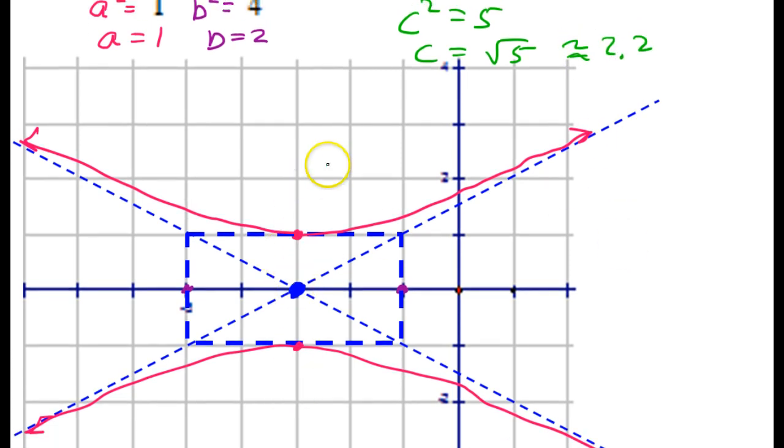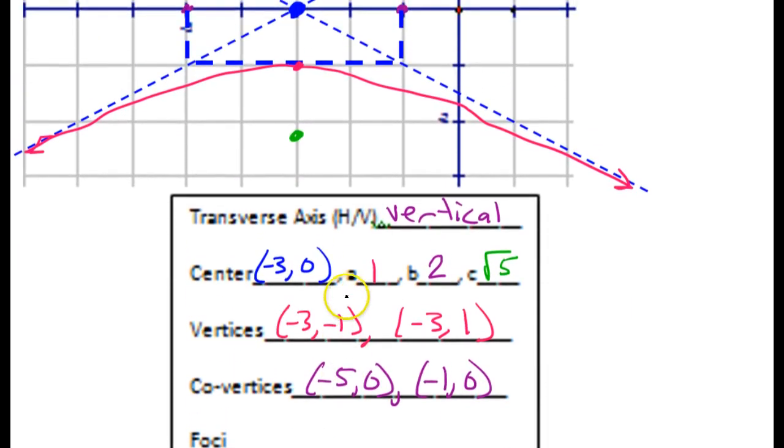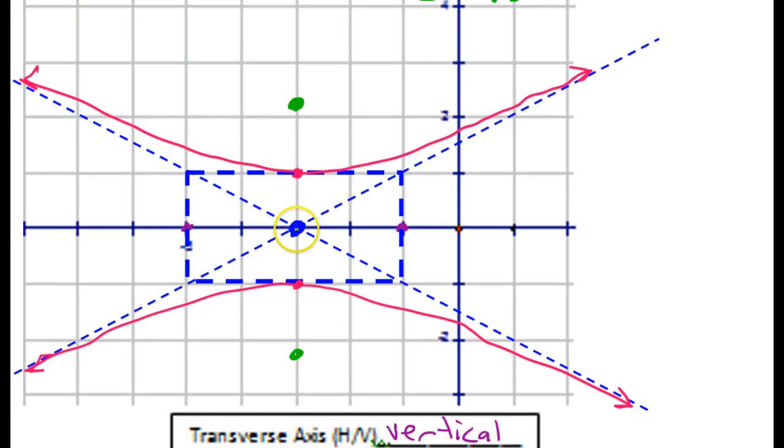So the foci should be in the interior of these branches. So if I go up 2.2, there should be a focus. If I go down 2.2, there should be another focus. When I label these points, though, I have to use a radical 5. This time we're starting from 0. The x coordinate is going to definitely be negative 3.